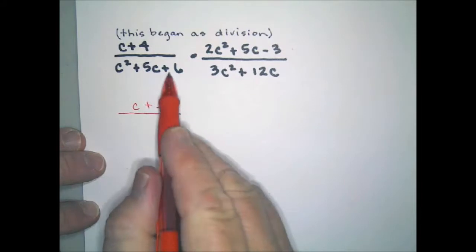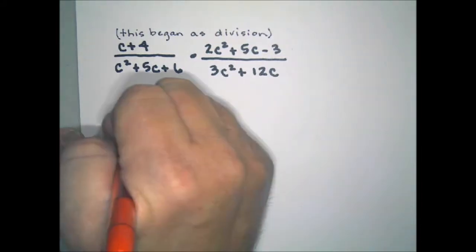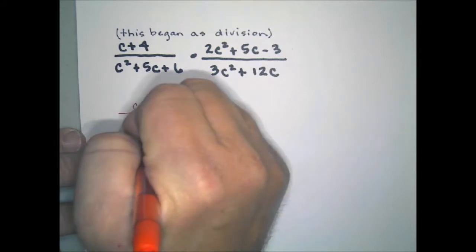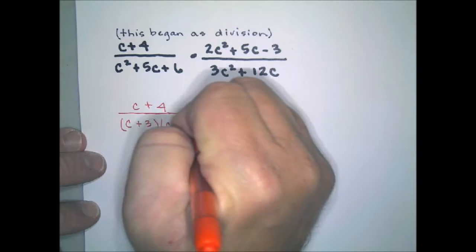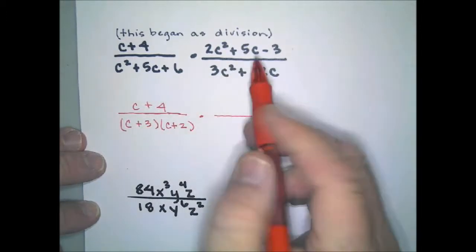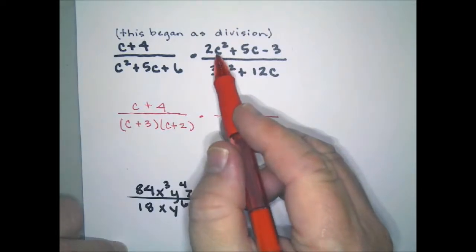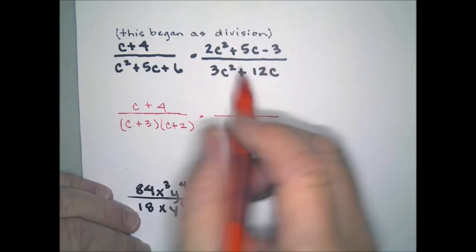Down here, the denominator, factors of 6 that add up to 5: c plus 3 and c plus 2. The second fraction, a trinomial with a leading coefficient that is something other than 1, which simply means I need to do a little bit of a guess and check.